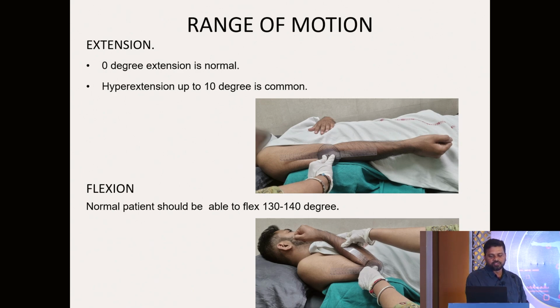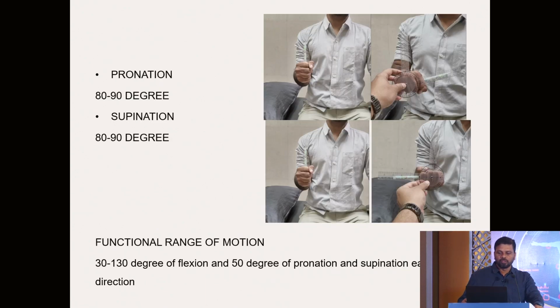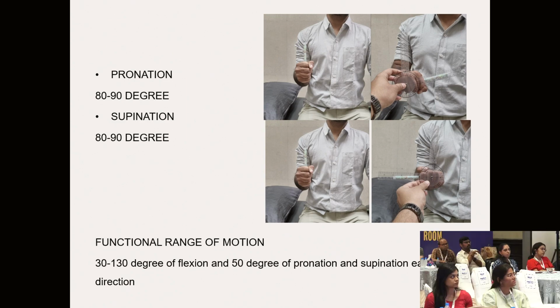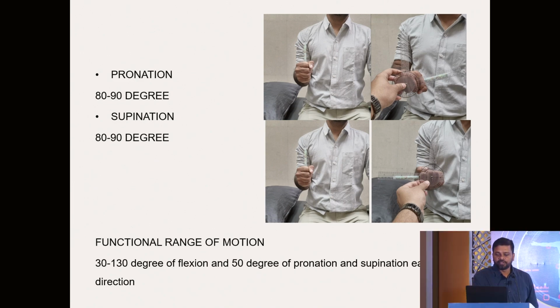Normal flexion is 0 to 140 degrees. Pronation is usually 80 to 90 degrees. While measuring pronation, block the elbow joint against the side wall and do pronation and supination. Supination is also 80 to 90 degrees.